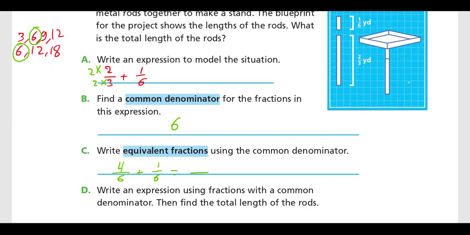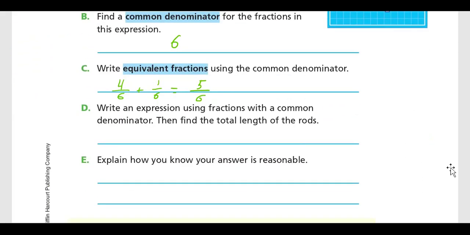The same denominator, write one of them, and 4 plus 1 is 5. So this is the final answer. We write it here, write the expression. This is our expression. So the answer is 5/6.